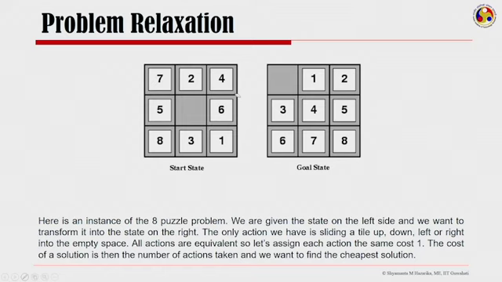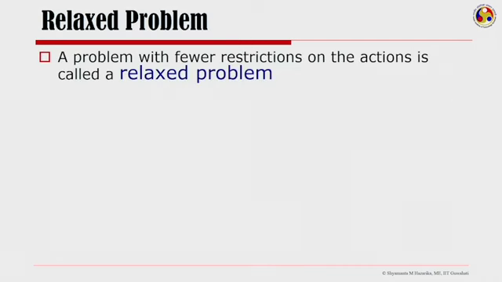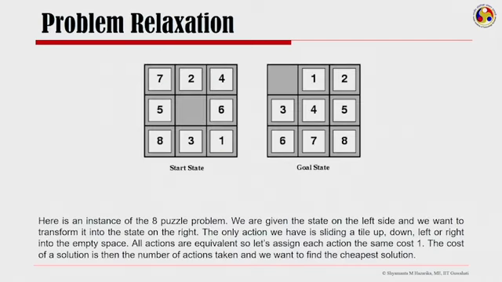But in a relaxed game, I would be able to do more than that. So we can transform it into any state on the right. The only action is about not sliding them like this, left or right into the empty spaces. So in a relaxed problem definition, what would be more interesting to do is to find out how many tiles I need to pick up to give it to this side.